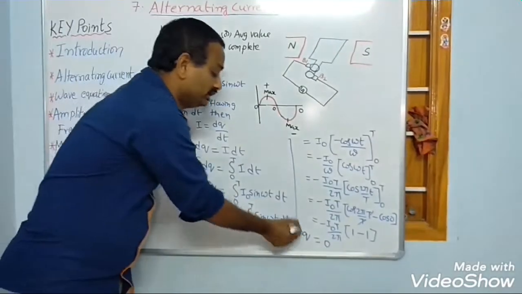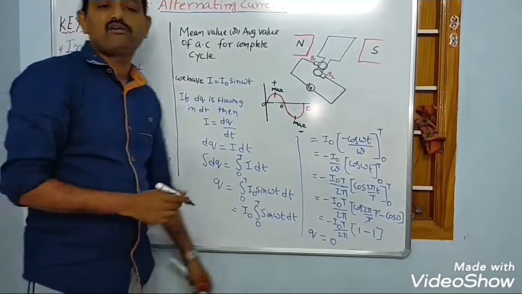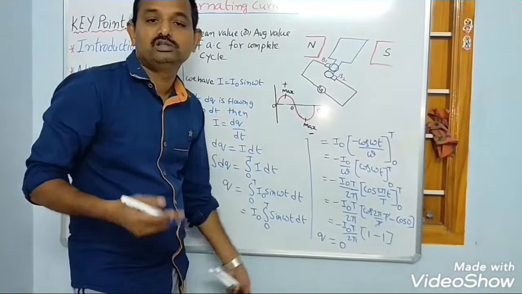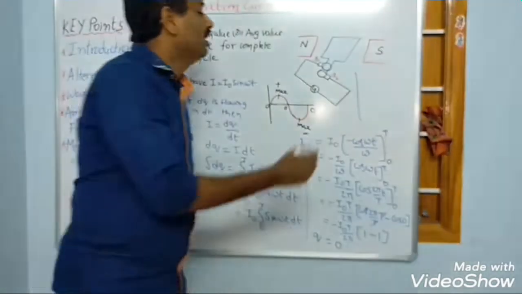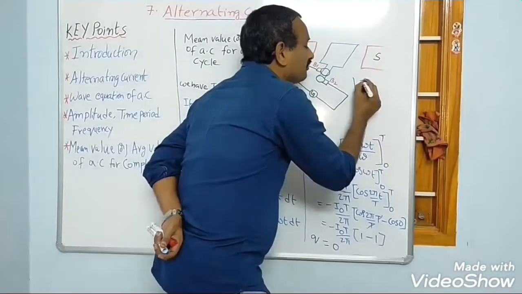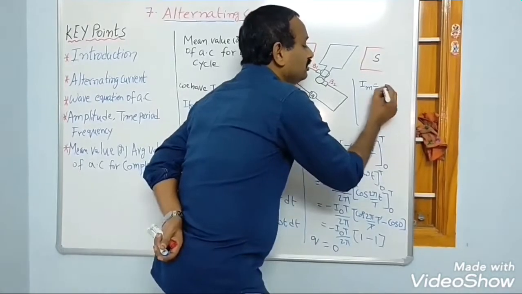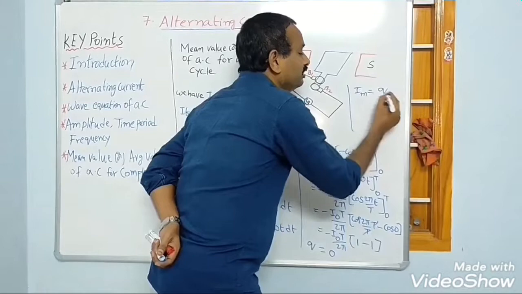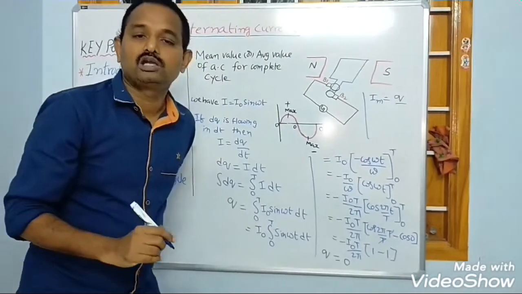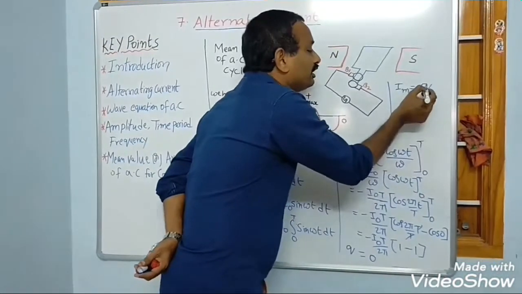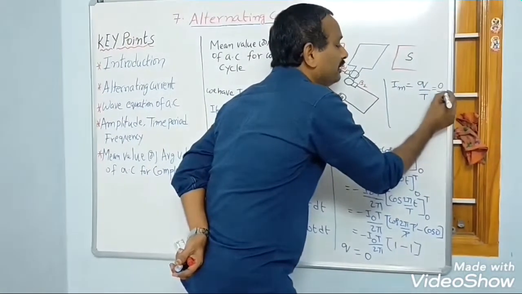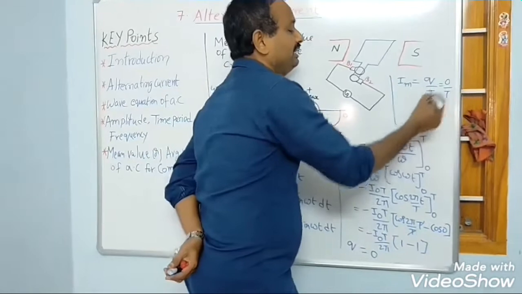If q equal to 0, how mean value or average value of current is 0? That is simple. Students, here mean value of current Im equal to q by total time. Total time, that is capital T. Here I got q equal to 0. So 0 by T equal to 0.